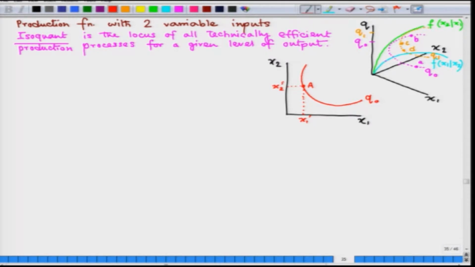Note that there are other possible input bundles available which could produce the same level of output. For example, we can consider this point B, where more units of input 1 are given. B can also produce the same level of output Q naught, but B is not part of the isoquant. That is why the isoquant only gives us the technically efficient input bundles.